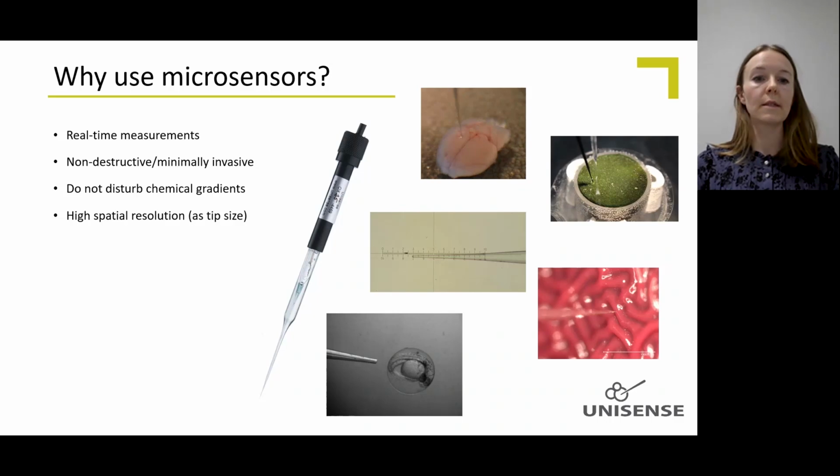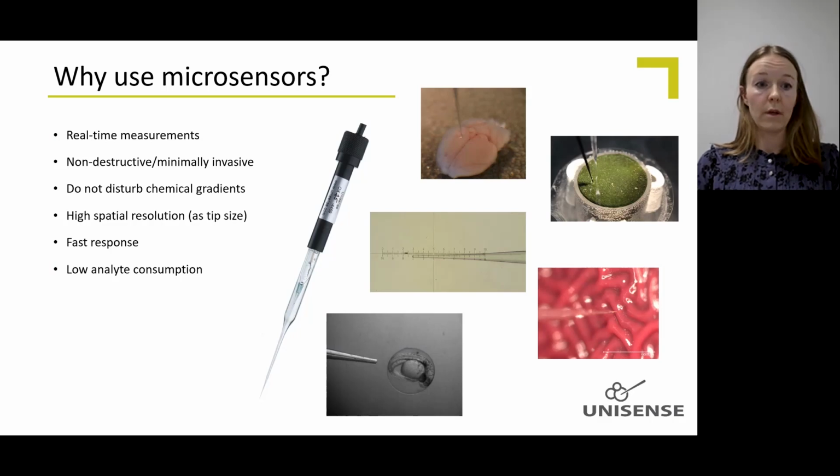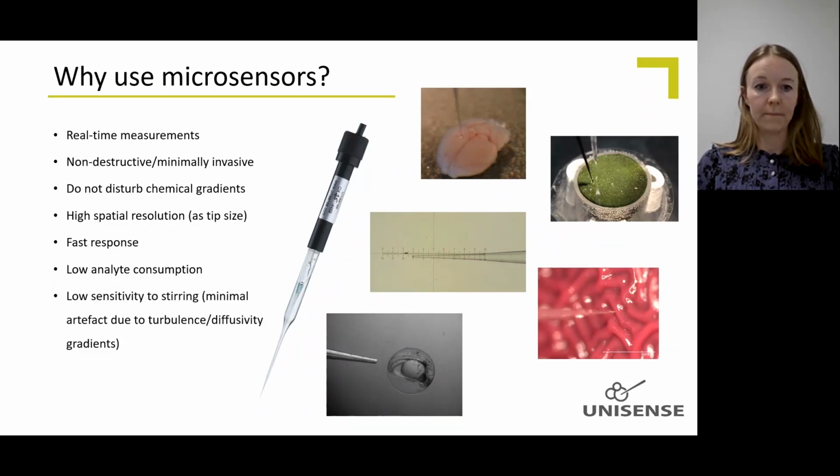A rule of thumb is that the spatial resolution equals the tip size. So this means that if you're using an oxygen microsensor with a tip size of 50 micrometer, you can get independent measurements at a distance of 50 micrometer or larger. The small tip sizes also allow for a fast response time, and the microsensors have a low analyte consumption and also a low sensitivity to stirring.